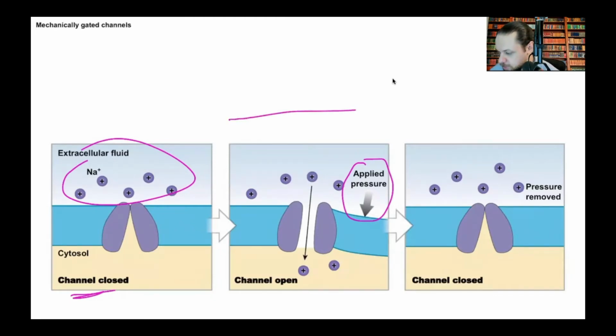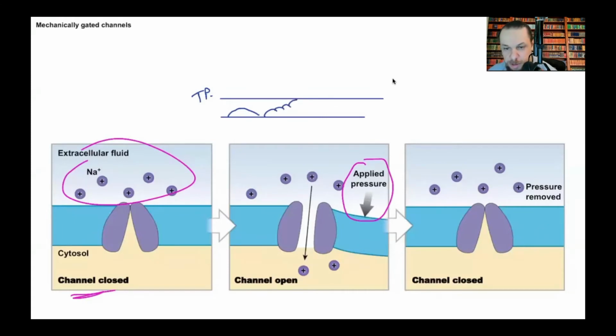The stimulus that comes in to activate these channels must be strong enough. If this was the threshold potential, the stimulus cannot just terminate here. It either has to be summative enough to reach threshold, or the applied initial pressure has to be strong enough to cause this. If it doesn't, it will not trigger opening of these channels. So here we see pressure removed.